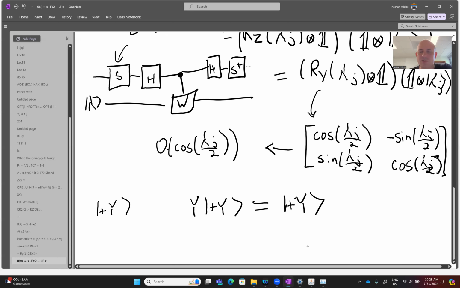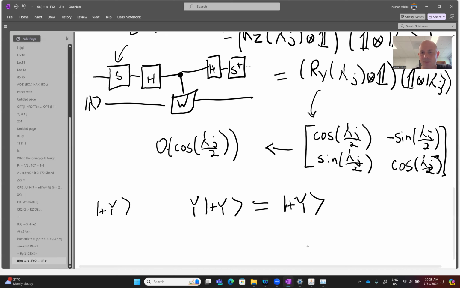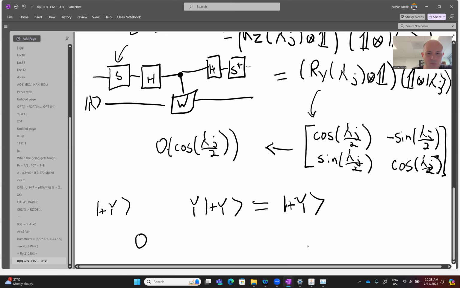Okay. So if this is the individual eigenvalue that we end up having for it, then we would end up having O of cosine lambda j divided by 2 acting here, acting on plus y.